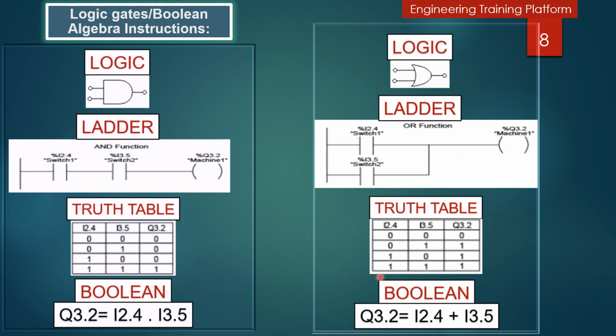In the last case, when I2.4 is logic 1, it will be normally closed, and I3.5 is 1 and it will be normally closed. The power can flow in any of these directions and the output coil will be executed. And this is the Boolean equation for the OR gate: Q3.2 is equal to I2.4 plus I3.5.